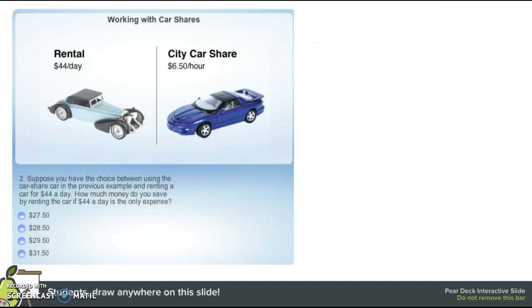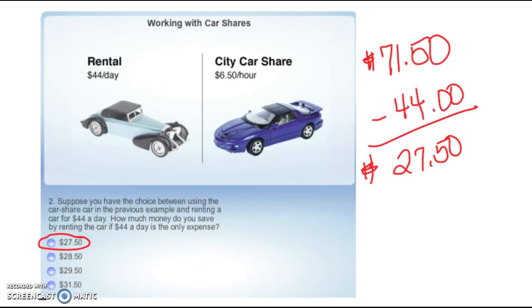So let's compare that to a car rental. Suppose you have the choice between a car rental of $44 a day or sharing the car for 11 hours. How much money would you save by renting? Well, sharing the car costs $71.50.